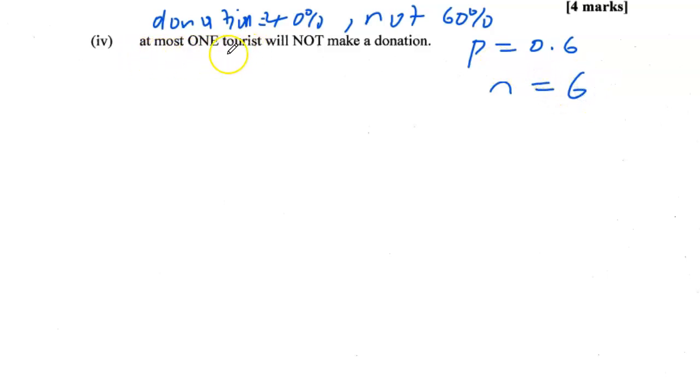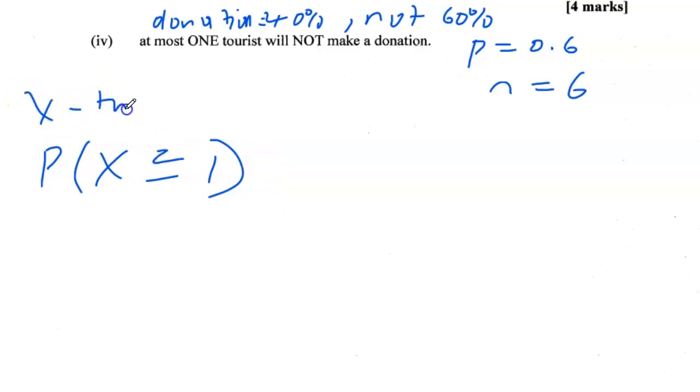So at most 1 tourist will not make a donation. So the probability X is at most 1, so X could be 1 or less, so X is less than or equal to 1. And of course X represents those who will not make a donation in this case. In the previous ones, X represented those who make a donation.